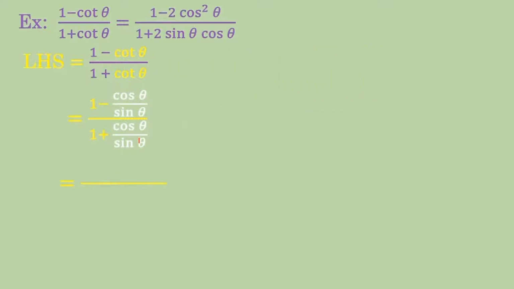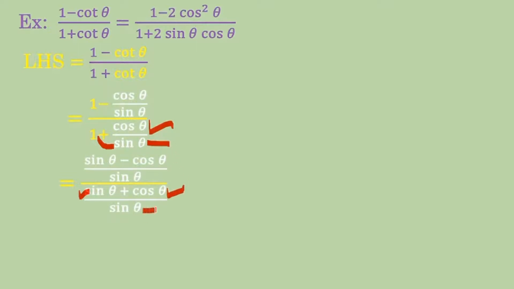Simplifying, we get left hand side is equal to sin theta minus cos theta upon sin theta divided by sin theta plus cos theta upon sin theta.